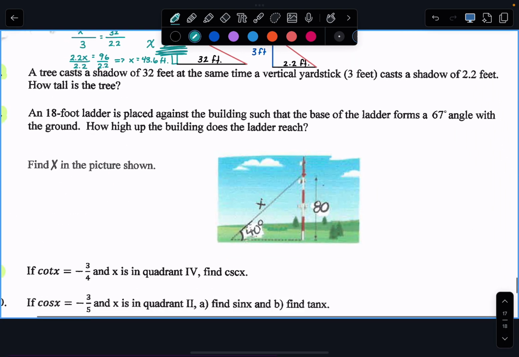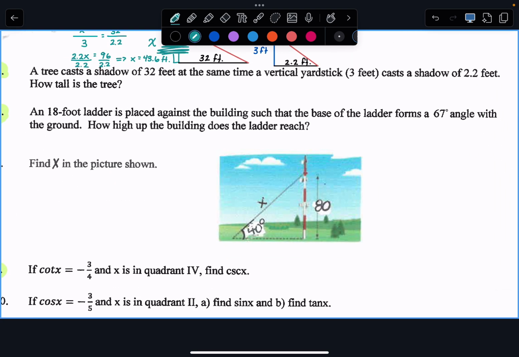Then I'm going to give you a word problem that you have to draw. I actually think I give you the picture.